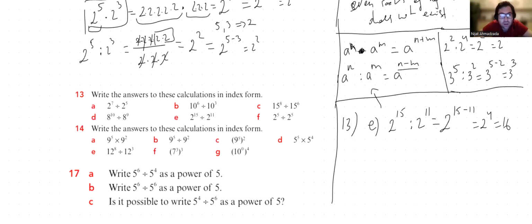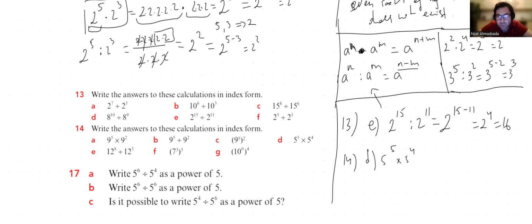Okay. And now let's do, for fun, question number 14. I have to write that rule as well. So there is another rule which we will use in question number 14. Don't worry. Question 14, let's say part D: 5 to the power of 5 times 5 to the power of 4.